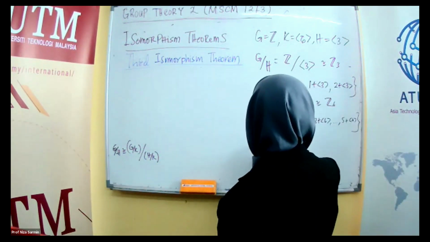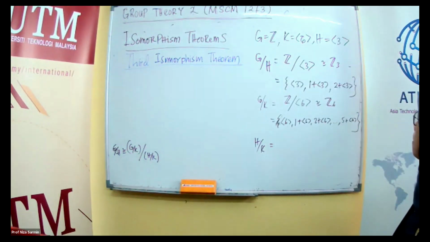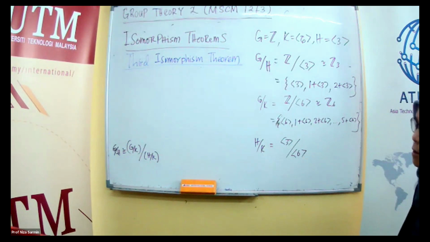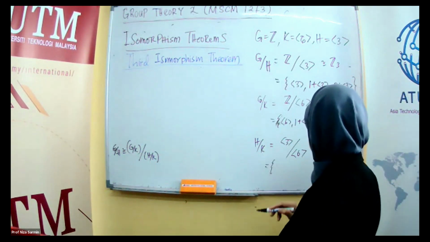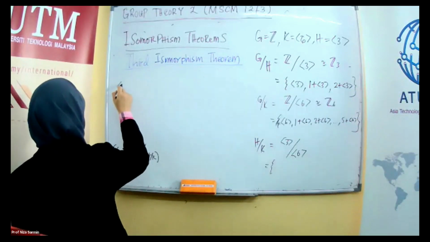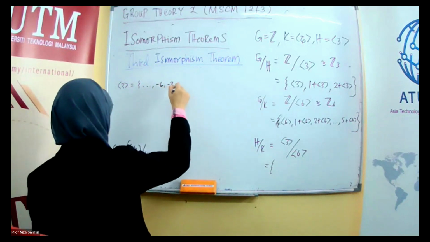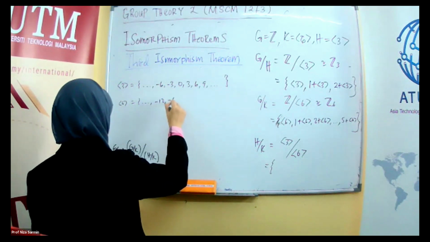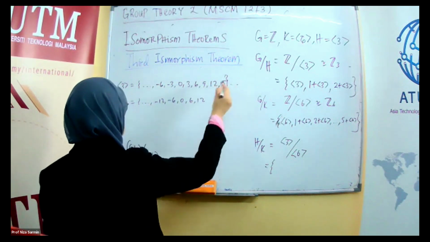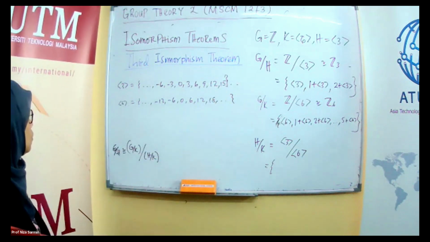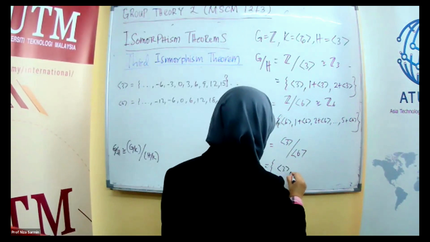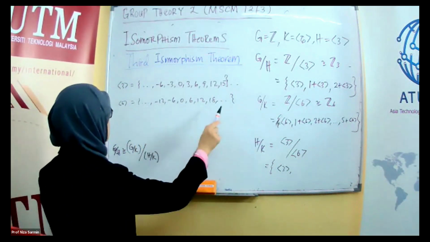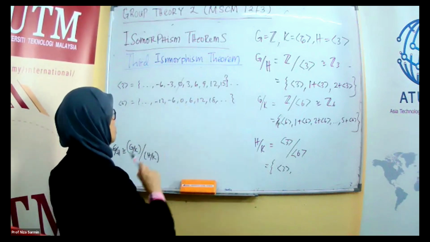And I need H mod K. You see, the first one is 3Z. So you get all this with 0 plus, you get 0, 6, 12, all that.